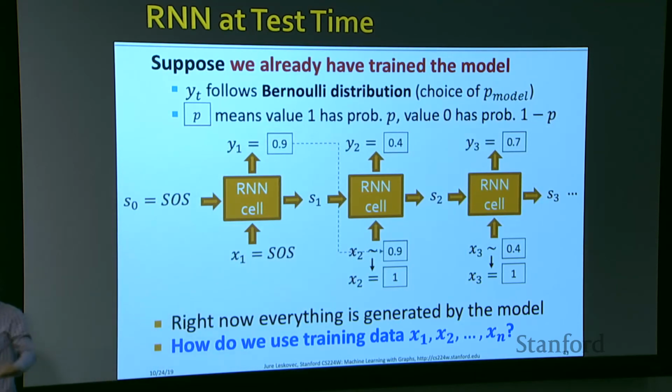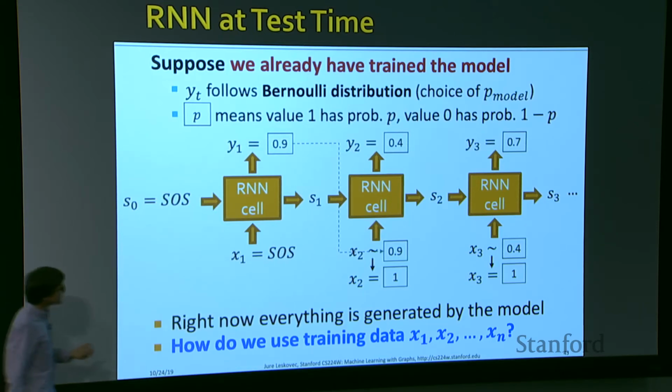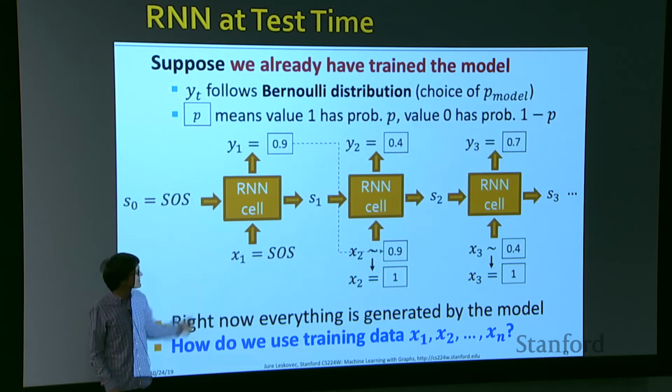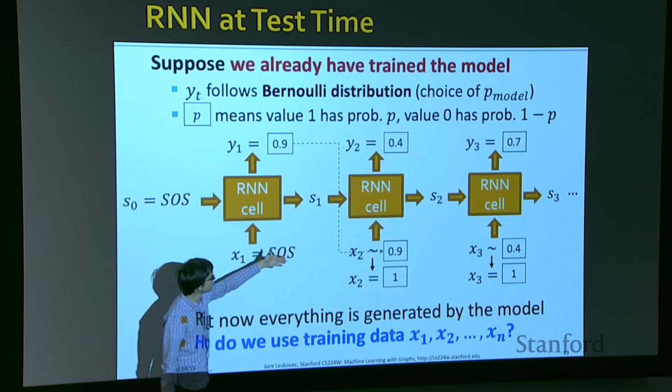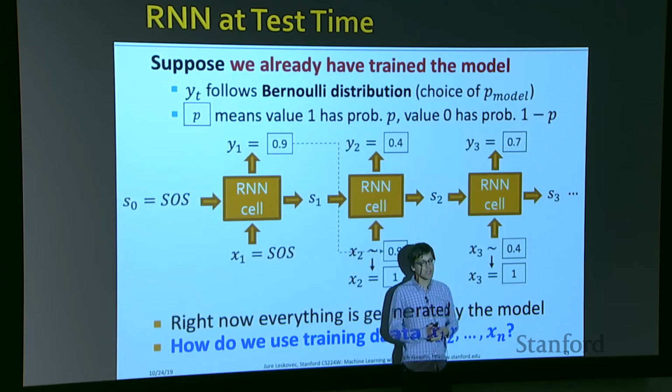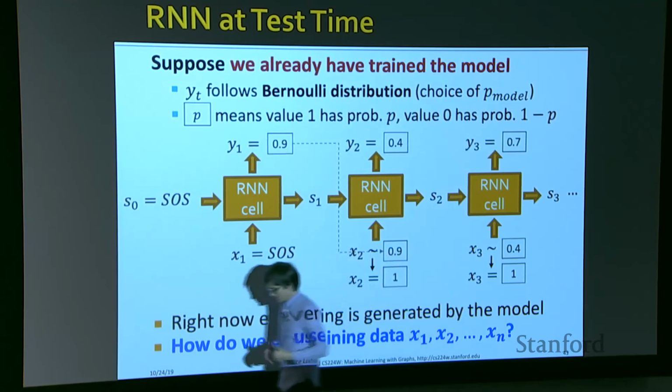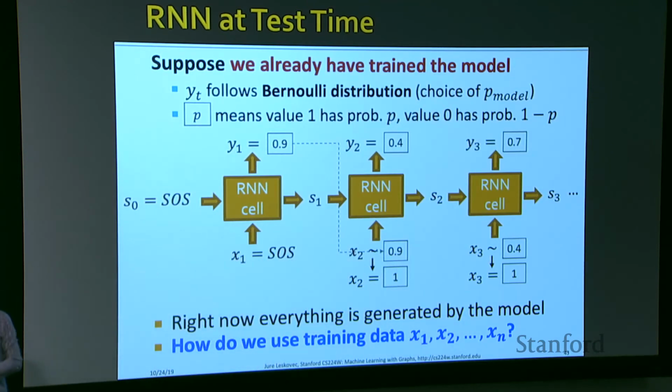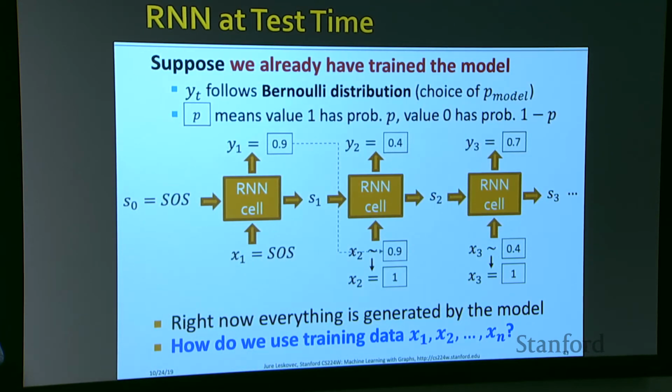So we'll be able to have some variance in the graphs we generate. This is what happens at test time. And we keep running this until one of these cells says end of sequence. And if the network doesn't say end of sequence, we would generate an infinitely large graph.